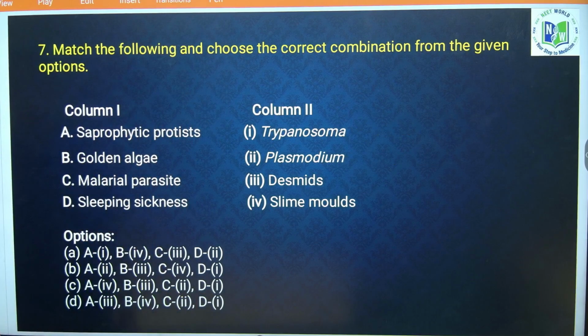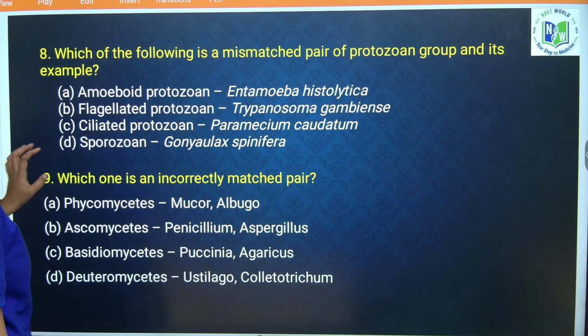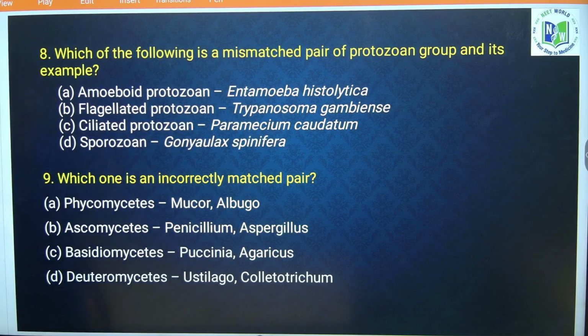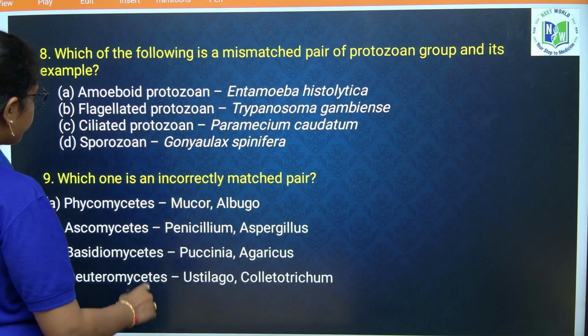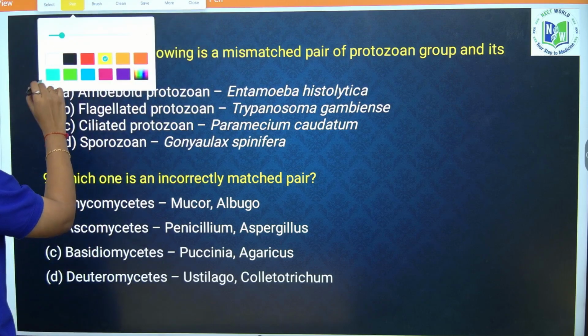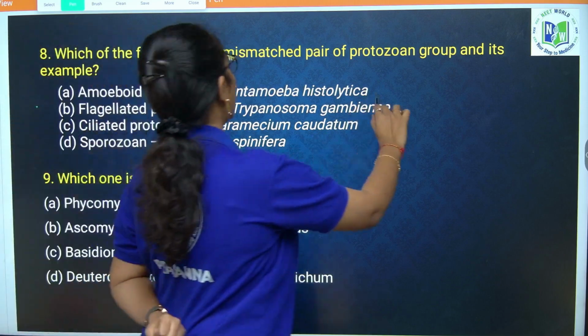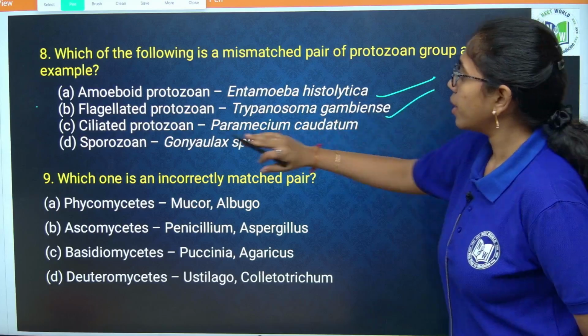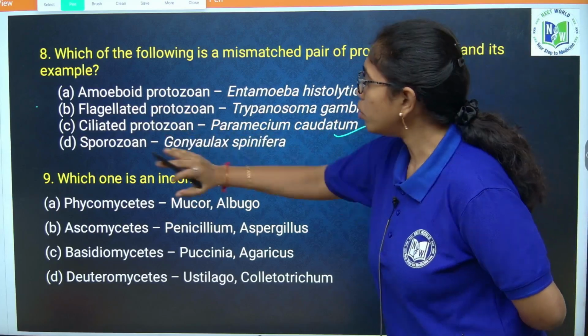Next question. Which of the following is mismatched for protozoan group and its example? Amoeboid protozoan, example Entamoeba histolytica, correct. Flagellated protozoan, Trypanosoma, correct. Ciliated, Paramecium, true.